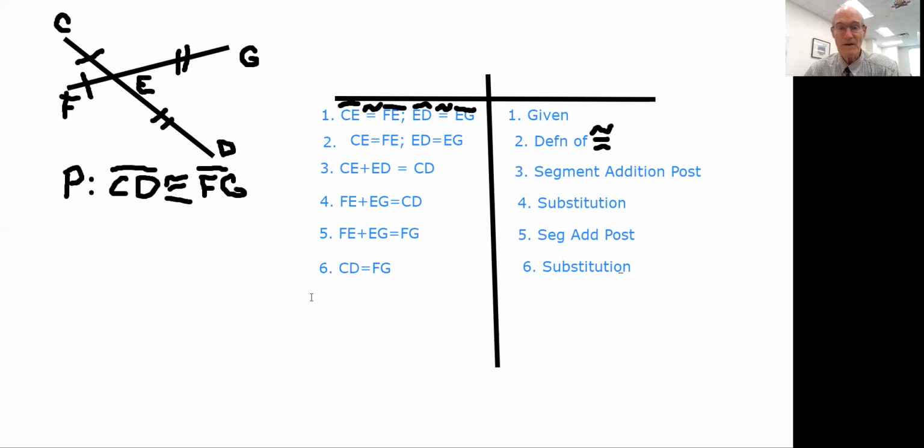Then once I get to here, I can come down to 7 because I've got what I'm looking for, except it's not congruent. So I can say segment CD, and I'll put the symbols on top of it in a minute, is equal to, or is congruent to, segment FG. And that's the definition of congruency, and I'll put that symbol in here in just a second.